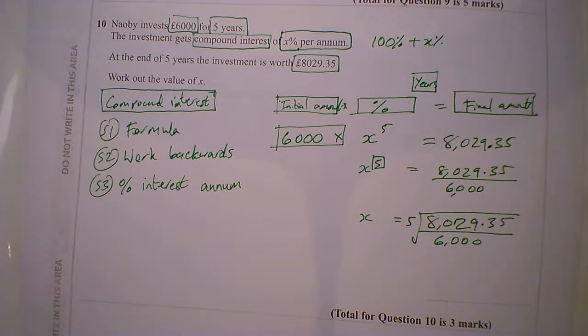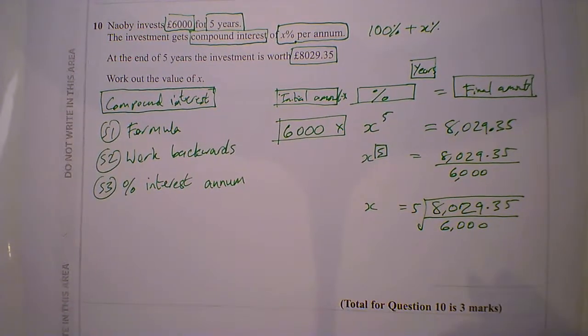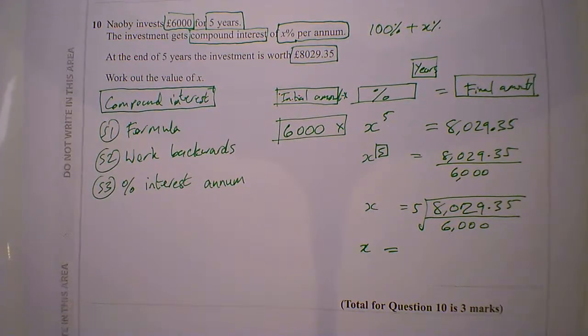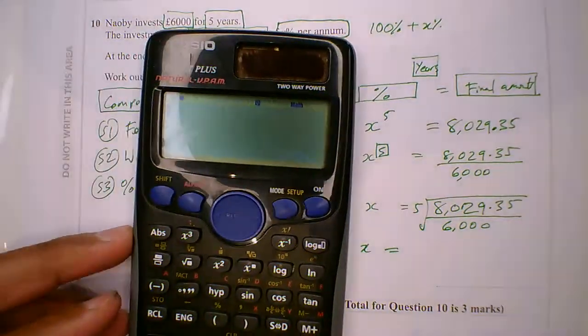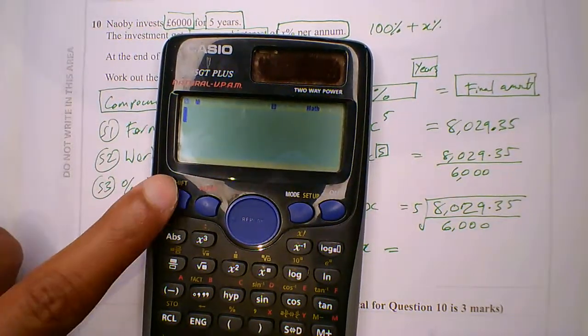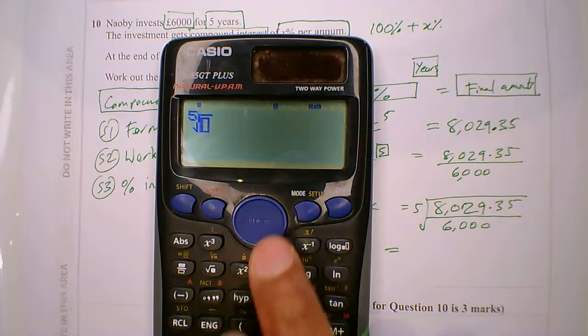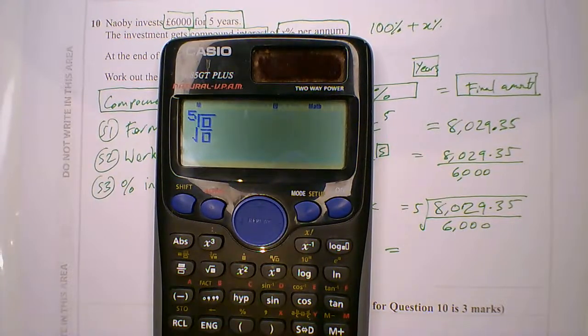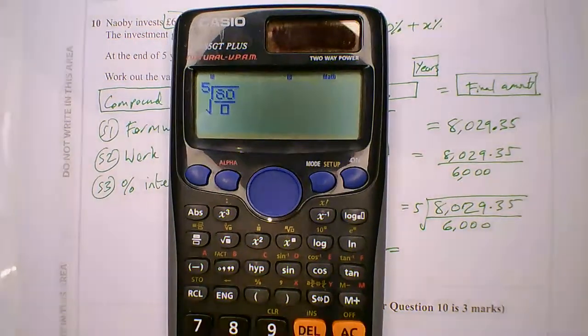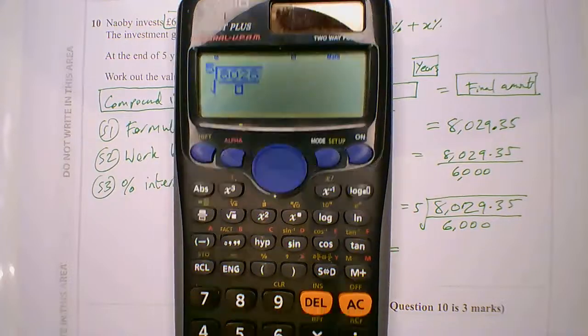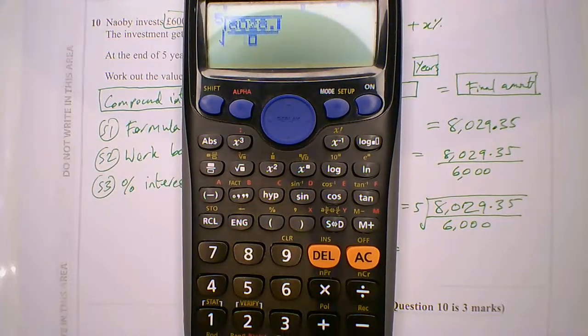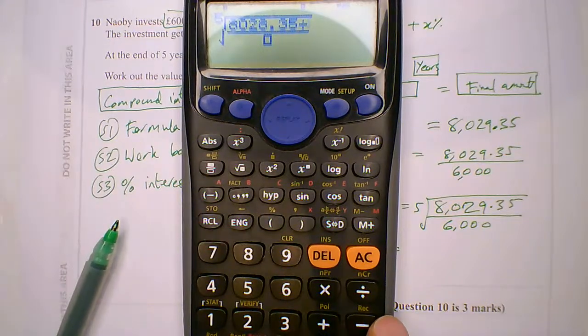Okay, so I now need to put that into my calculator, see what happens. Again, your calculator may be different to mine, so you need to know how to operate your calculator. So I've got my fifth root, and I'm going to put in here 8029.35 divided by 6,000.